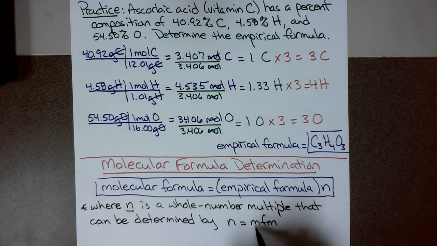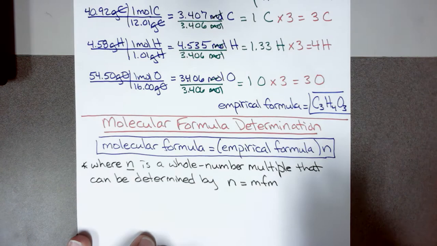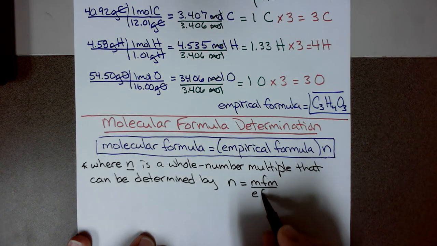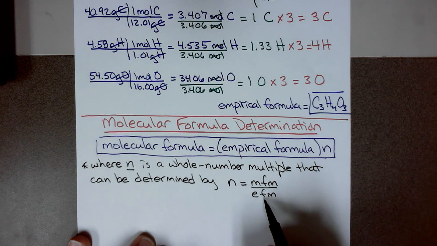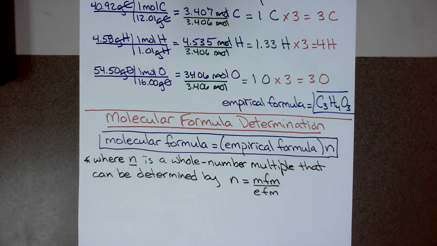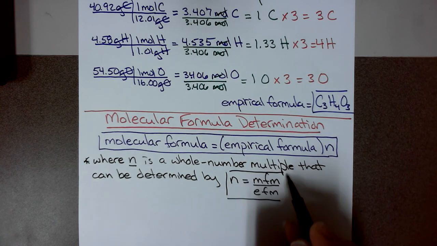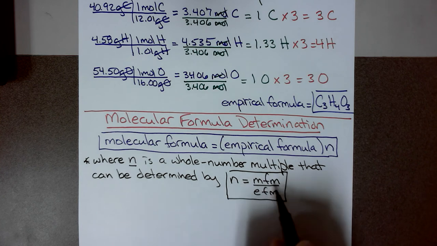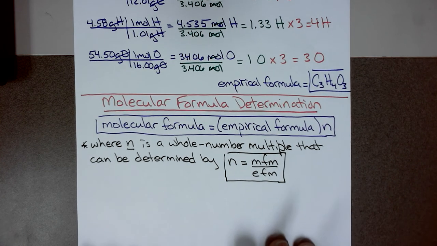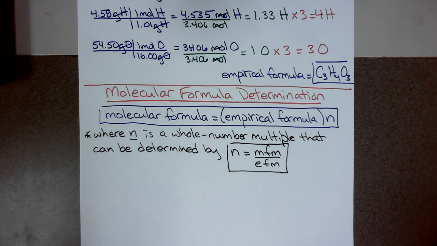Now MFM is molecular formula mass, the molar mass of the molecule, and EFM is the empirical formula mass, or the molar mass of the empirical formula. And you will always be given the molecular formula mass in the problem, and it will always be the larger number.